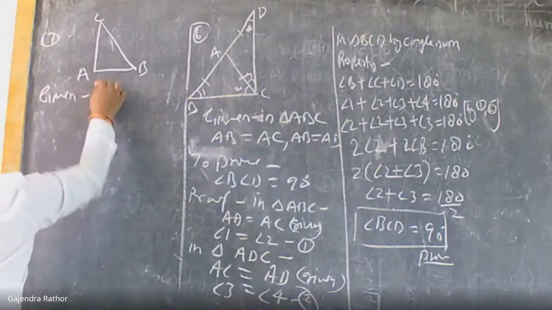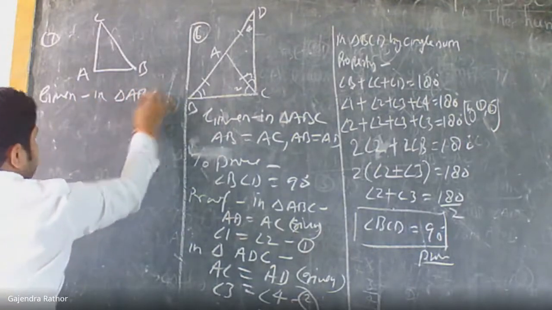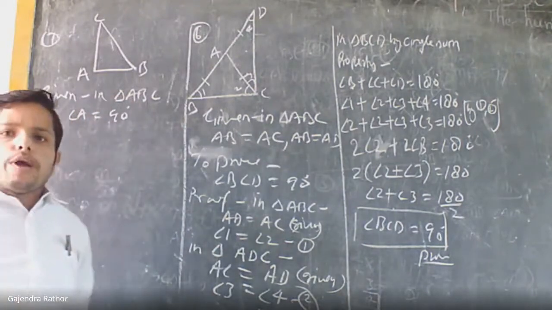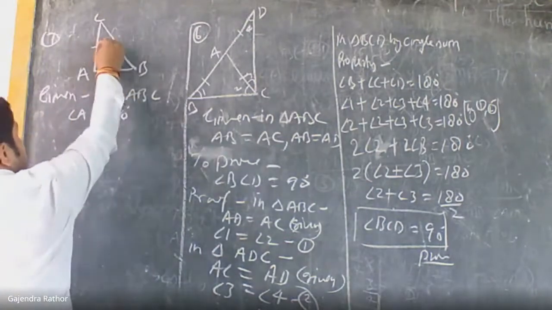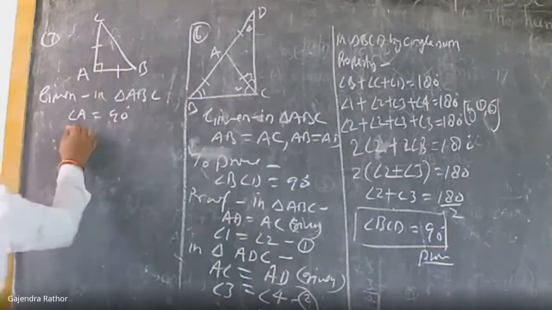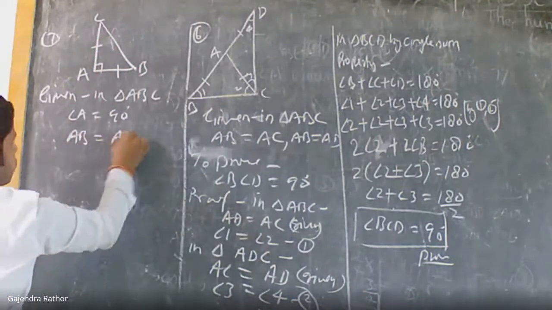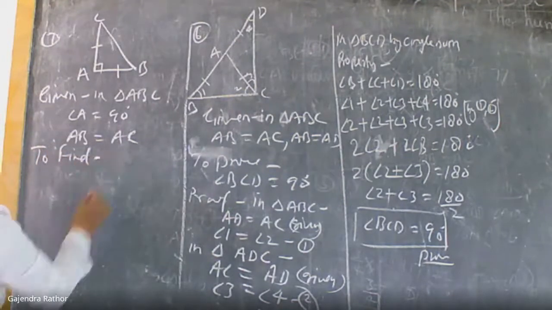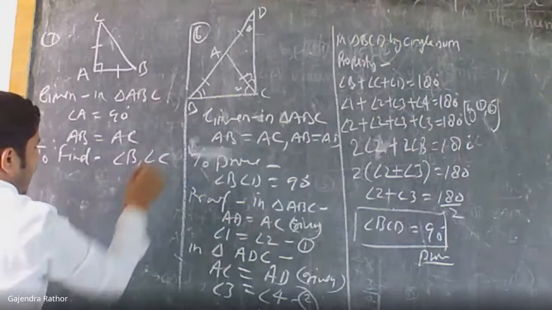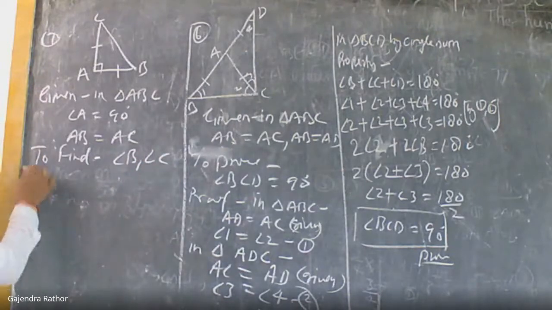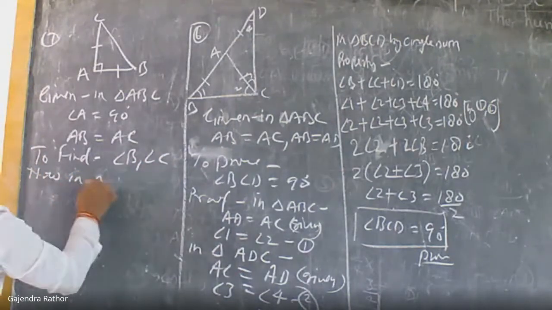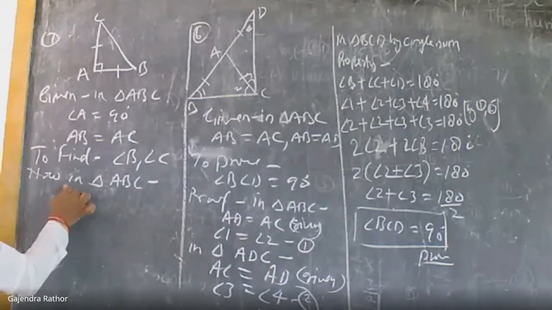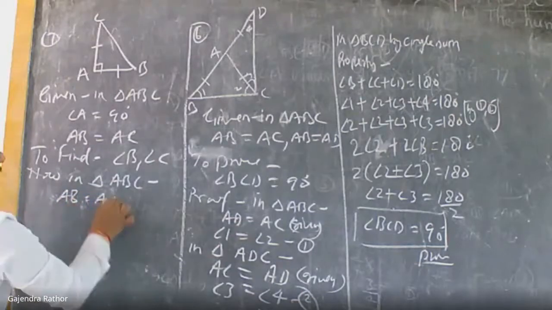Given in triangle ABC, angle A is equal to 90 degrees. One more point is also given: AB is equal to AC. Now we need to find angle B and angle C. In triangle ABC, it is given AB is equal to AC.